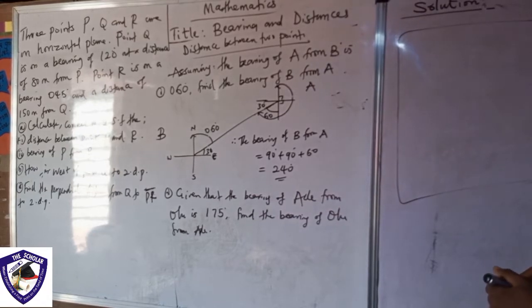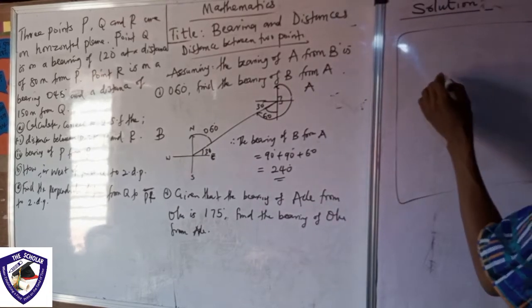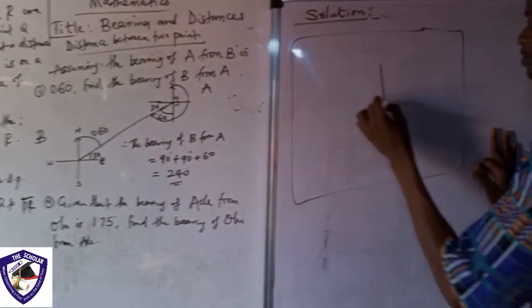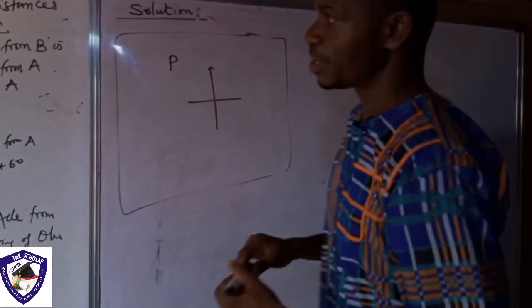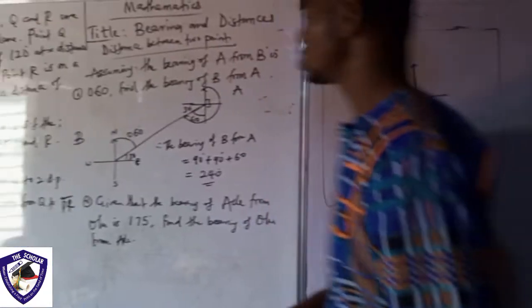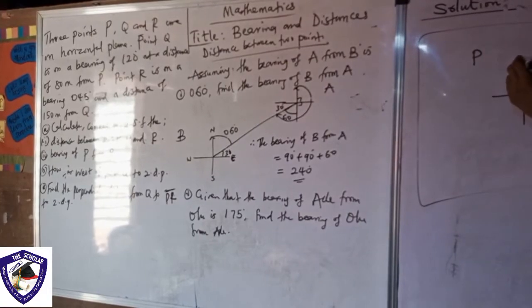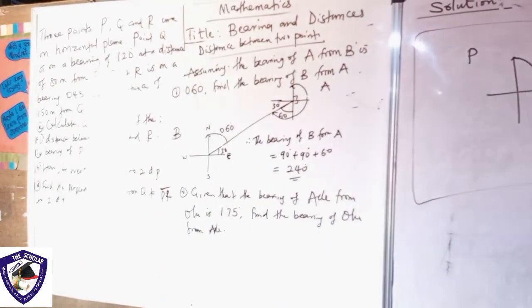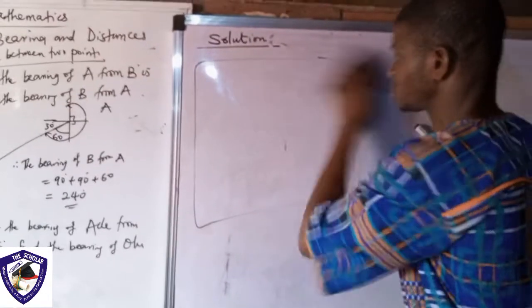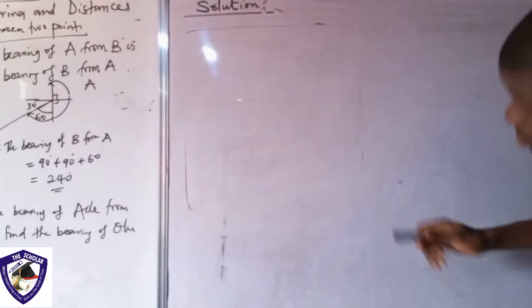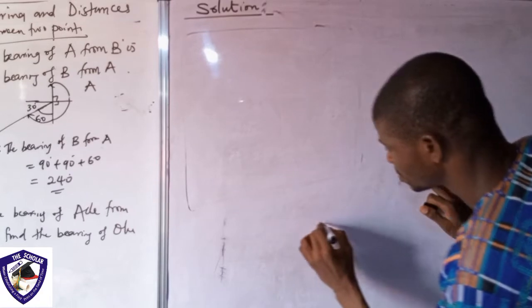Point Q is on a bearing of 120 degrees at a distance from P. So P will come first. So let's say this is my P. The bearing of Q from P is 120 degrees. Because of the space, let's take it down a bit. This is my P.